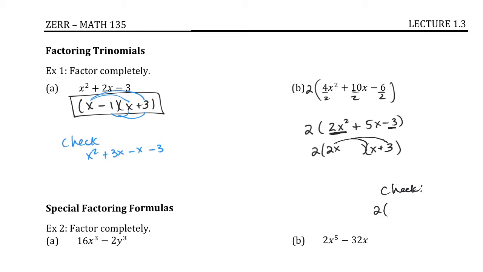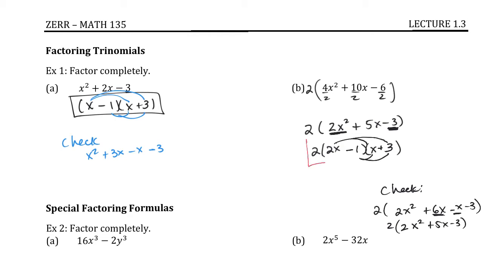So I got 2x squared plus 6x, and then this one would need to be -1 to give us the factors of that last term. So that would be minus x, and then just double checking this, it works as well. So the middle stuff needs to add up to that positive 5, which it does, 2x squared plus 5x minus 3. Okay, so that's just a quick little review on factoring trinomials.